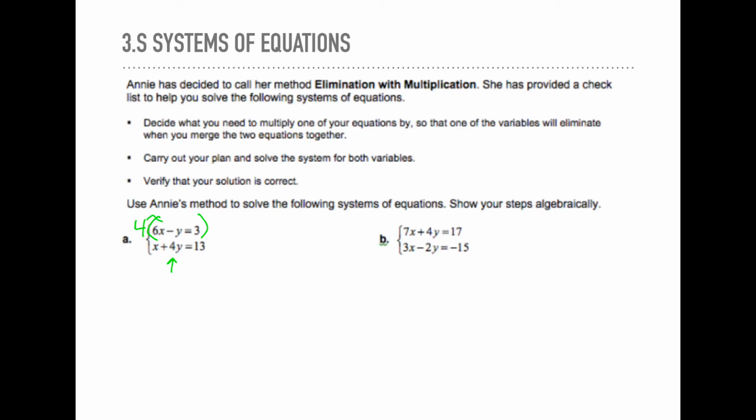So when I do that and I distribute, I get 24x minus 4y. I've got to do it to the last part too, equals 12. So I've got that top equation, 24x minus 4y equals 12. And the bottom one, I don't need to do anything to it, because now I am set up and ready to use elimination.